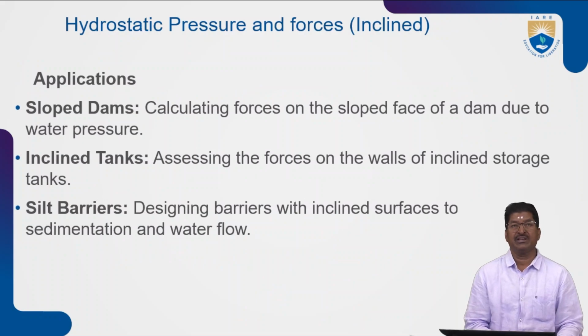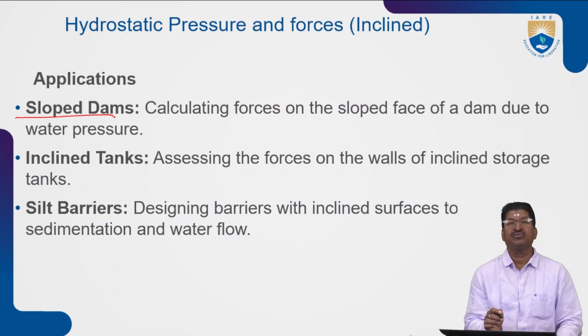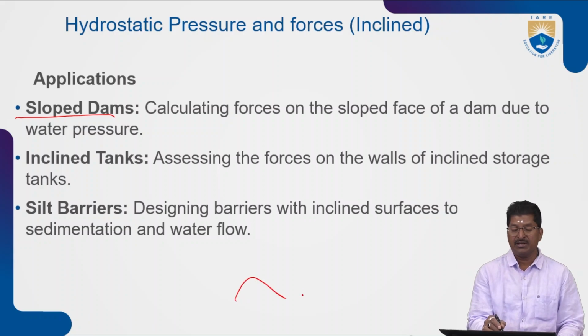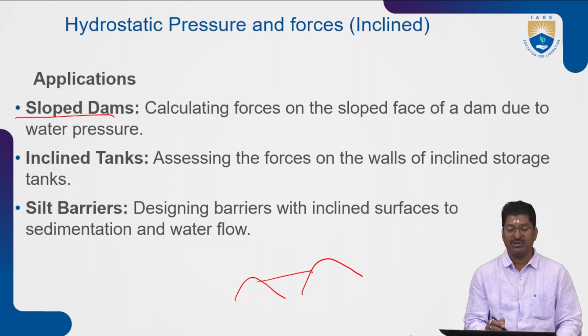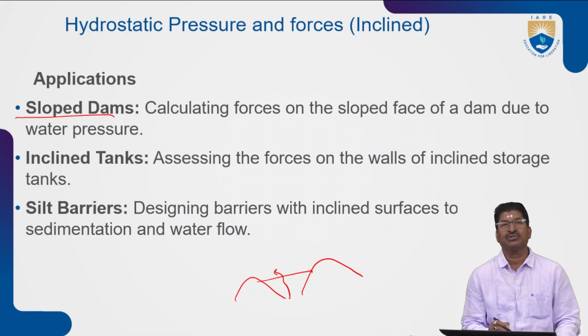Applications. Where will we apply this? Hydrostatic pressures or forces on inclined surfaces. See here, sloped dams. So what does a dam mean? If any two hills are there and you put a construction between the two hills, then water will stay here. That is called a dam.